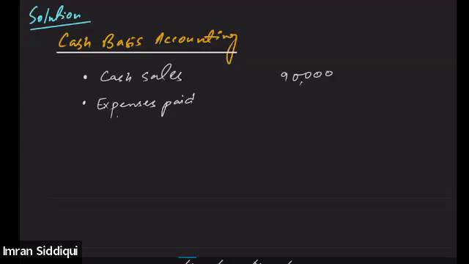So 70,000 was the total expense, out of which 30,000 is still to be paid. That means only 40,000 has been paid. Right?